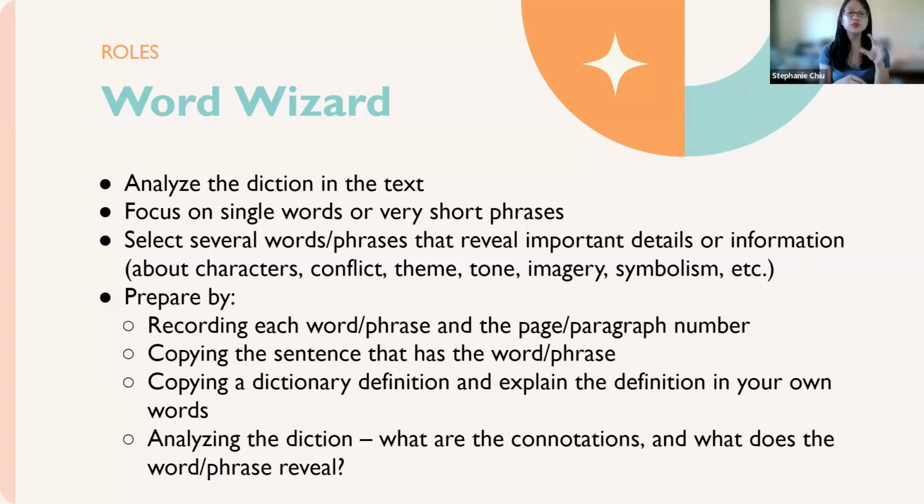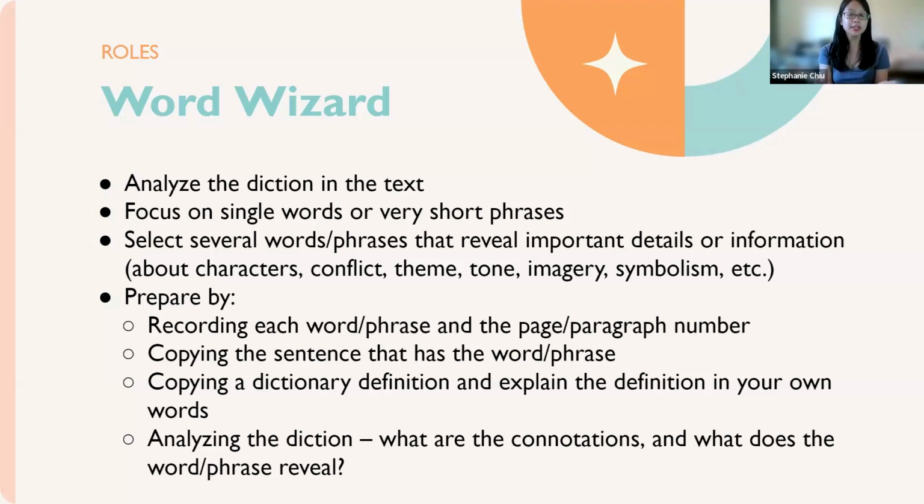So they choose the word, they record it with the page or paragraph number, they copy down the sentence that has that word or phrase with a dictionary definition or explaining the definition in their own words. And then the most important part, to get them to really secondary level, and as a high school teacher, preparation for ELA Regents, being able to analyze that diction.